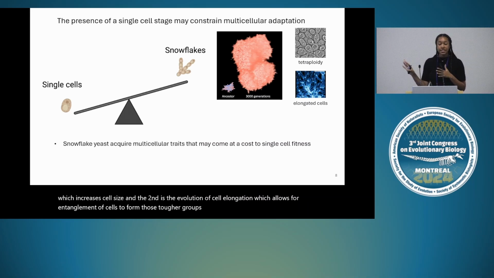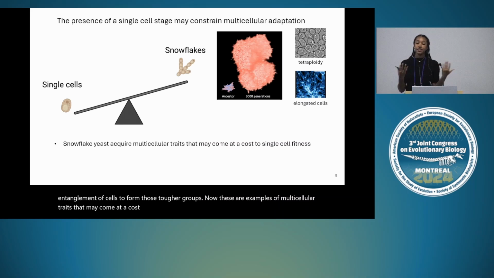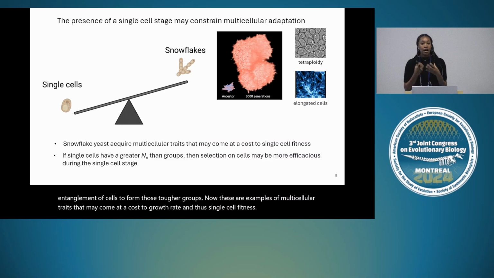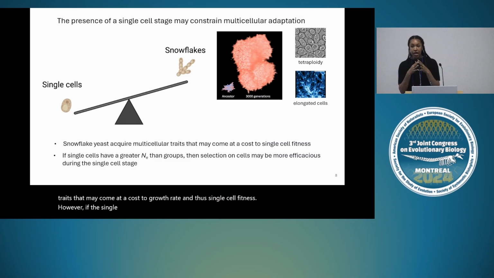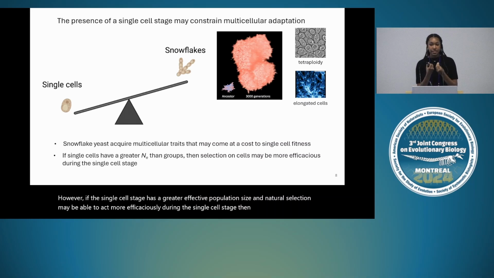Now, these are examples of multicellular traits that may come at a cost to growth rate and thus single cell fitness. However, if the single cell stage has a greater effective population size and natural selection may be able to act more efficaciously during the single cell stage, then the presence of a single cell stage may constrain multicellular adaptation.